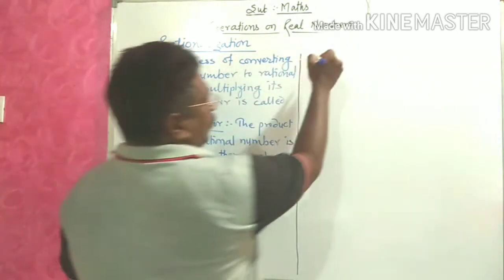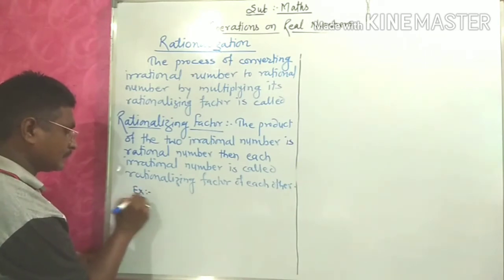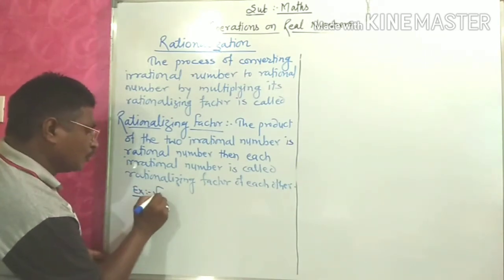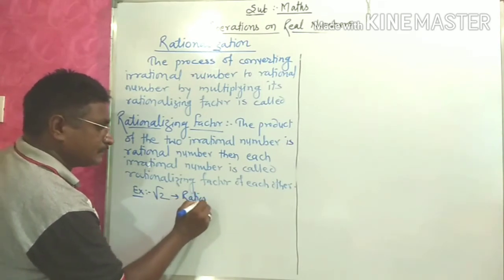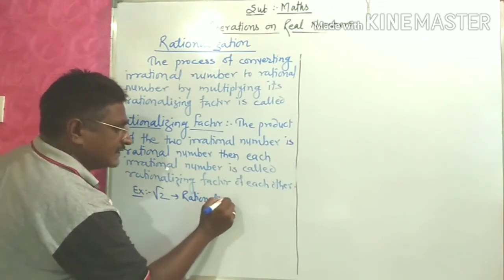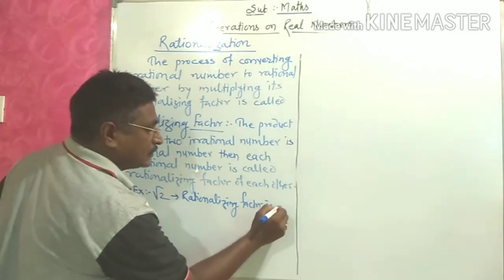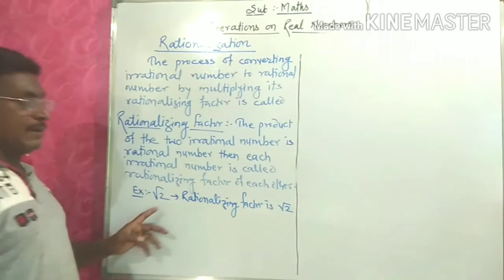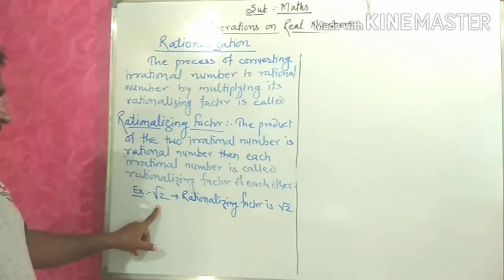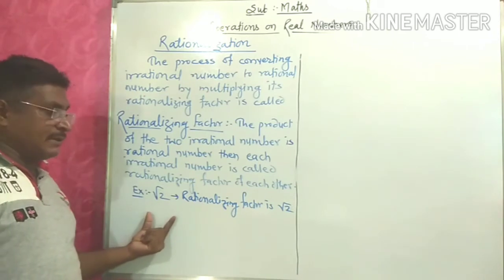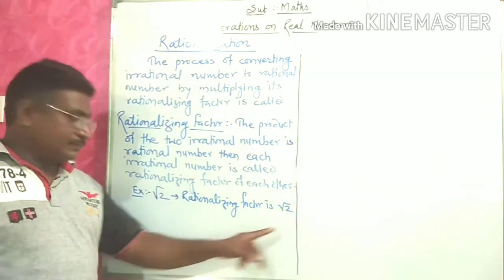If a monomial is there, for example, root 2, the rationalizing factor is root 2, the same number. If a single term, a single irrational number is there, the rationalizing factor is the same number.